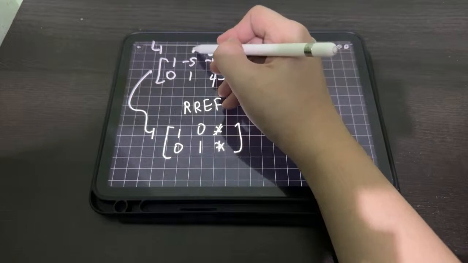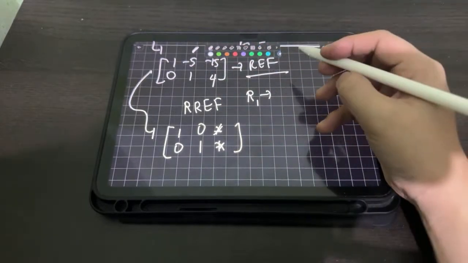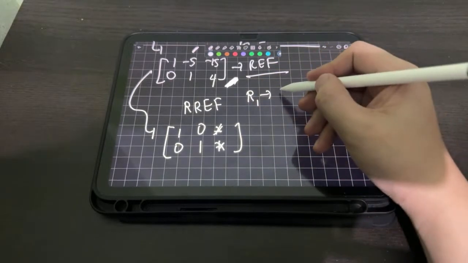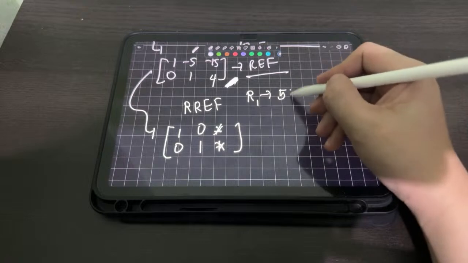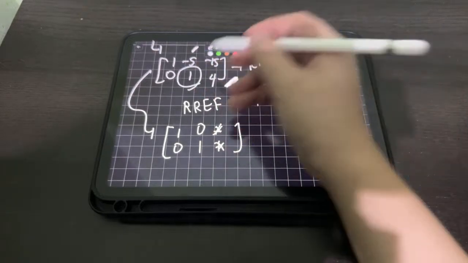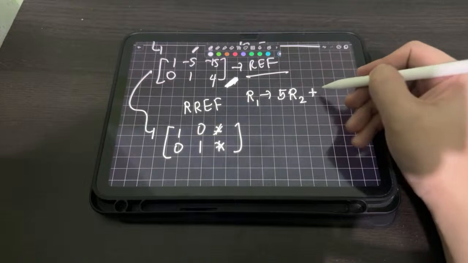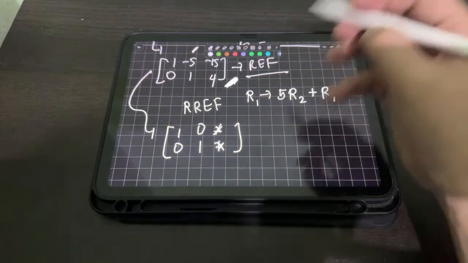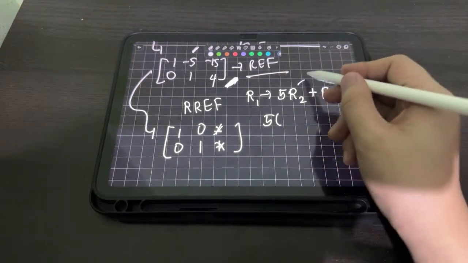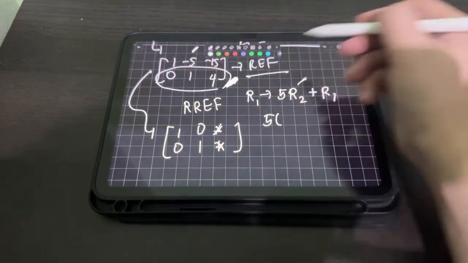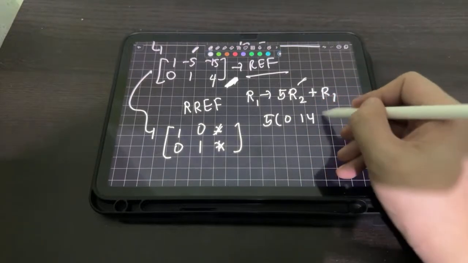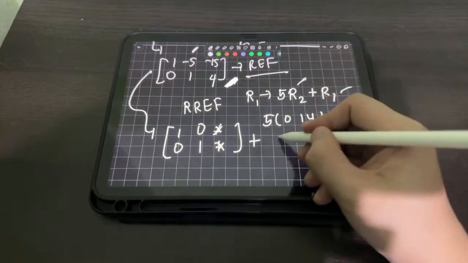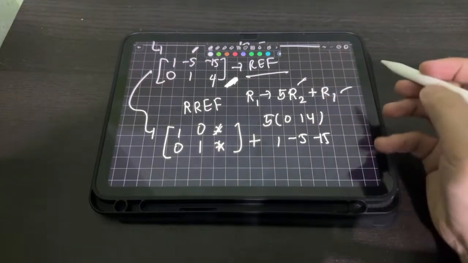So, if I try to make row 1's entry negative 5 become 0, I can multiply 5 times R2, then plus R1, so that this entry will become 0. So doing that, we multiply 5 by each entry in R2: 0, 1, 4. Then add with the entries in R1, which is 1, negative 5, negative 15.